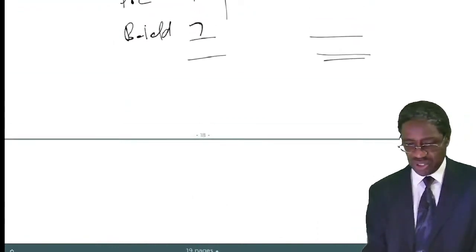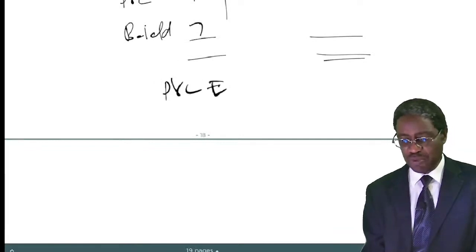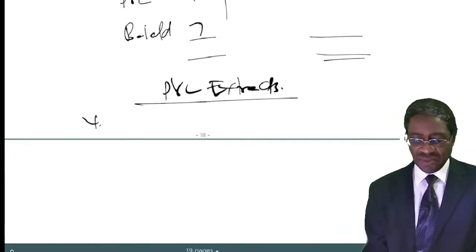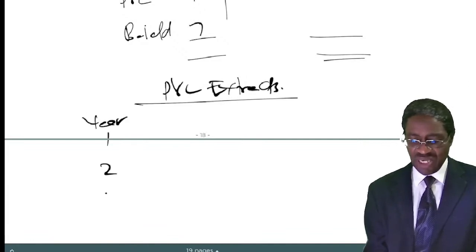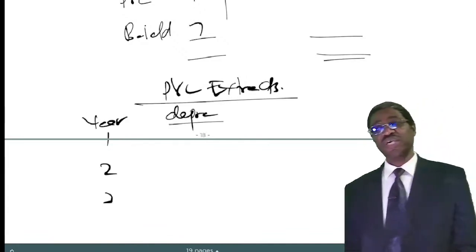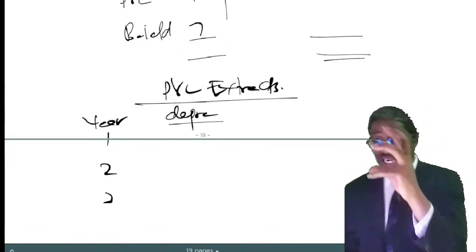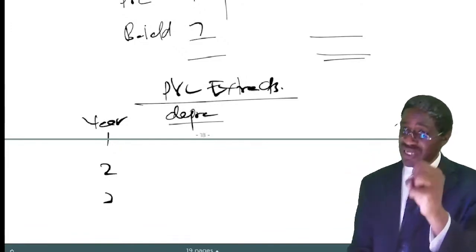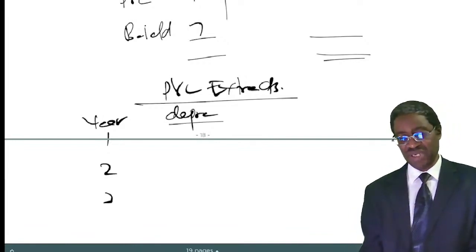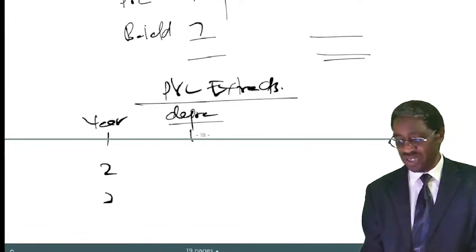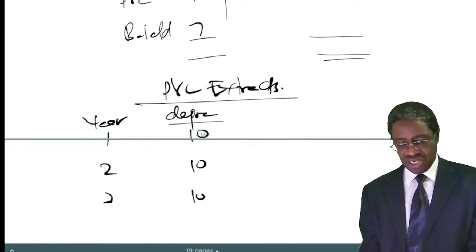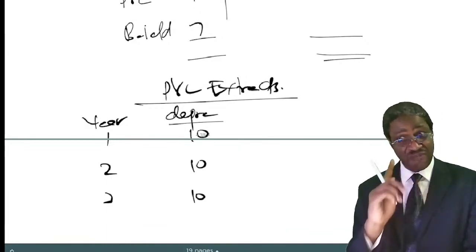If you are told to prepare profit and loss extracts for year 1, maybe year 2, year 3, how much will you charge as depreciation? It will obviously be 100 million divided by the useful life. I'm assuming 10 years. So you divide 100 million by 10, which means you are going to recognize 10 million every year. Now listen carefully.